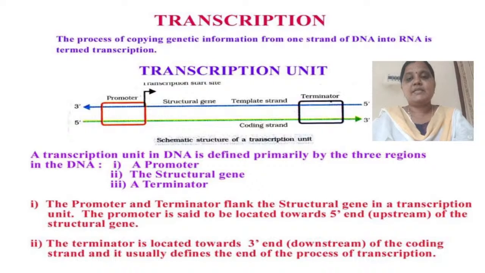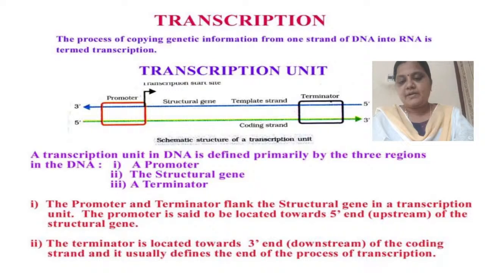The first one is the promoter. See in the diagram the schematic structure of the transcription unit. In this diagram, the red mark is the promoter, and the last one, the blue color, is the terminator.